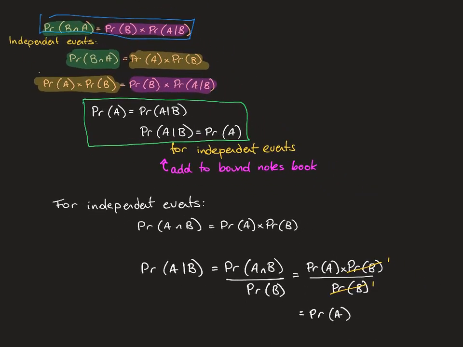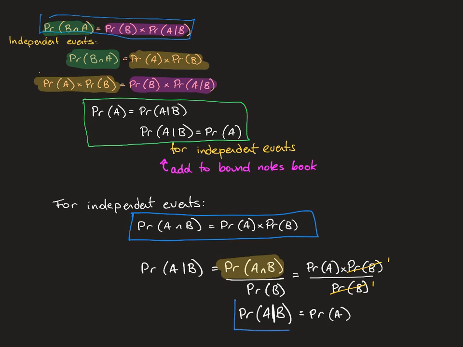And if we just stop moving it around, if we just take our first statement that you should already have in your book about independent events, and we replace the A intersect B in this equation here for our conditional with what we had up above, you can see that the probabilities of B cancel, and we do get the formula that we had further up, that if the events are independent, you'll get the probability of A given B is equal to the probability of A for independent events.